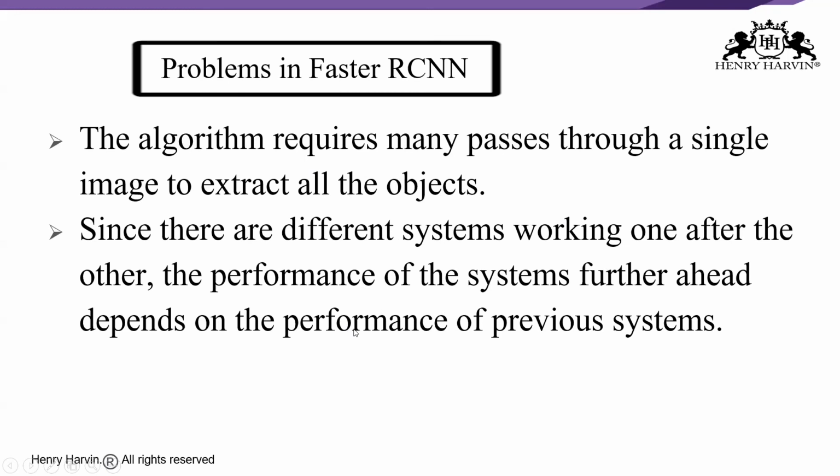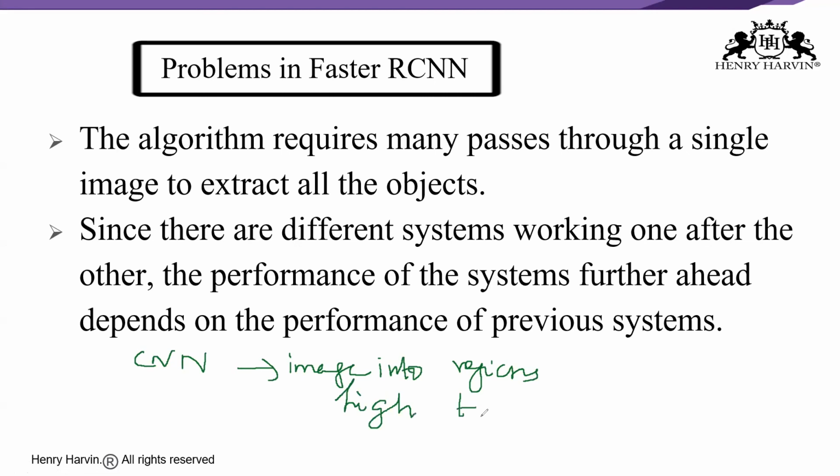Here, what we can say are the limitations. The CNN divides the image into multiple regions, and each region into various classes, right? So it needs a lot of regions to predict accurately, and high computation time is required.